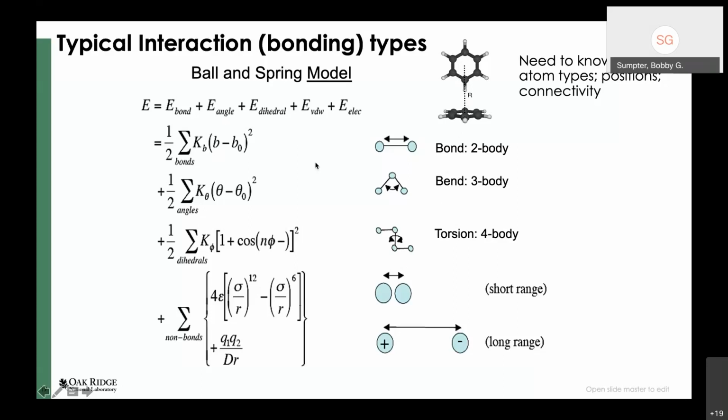Some of the common forms are harmonic oscillators for the bond stretching and bond bending, a Fourier series with multiple minima for the torsion, and Lennard-Jones and Coulomb interactions for the non-bonded interactions. So we can write those down, and if we can write those down, we can take the derivatives. It's just the first derivative to put into Newton's equations of motion.